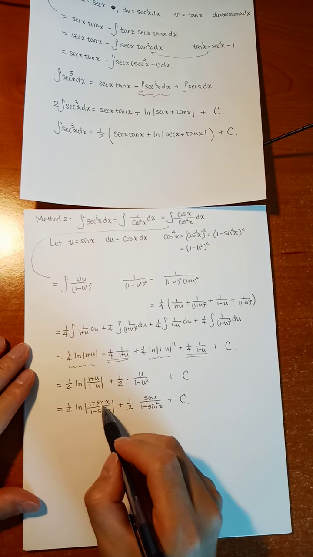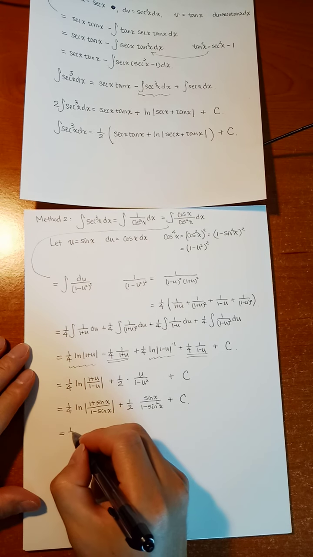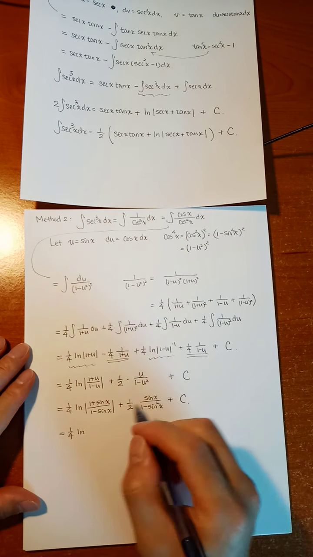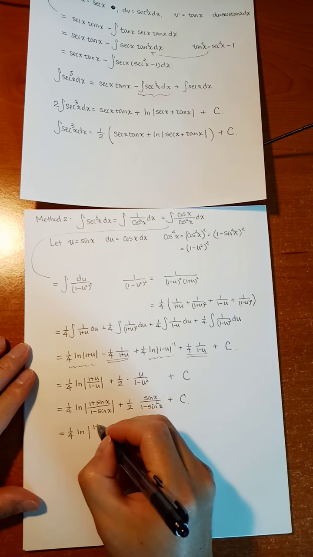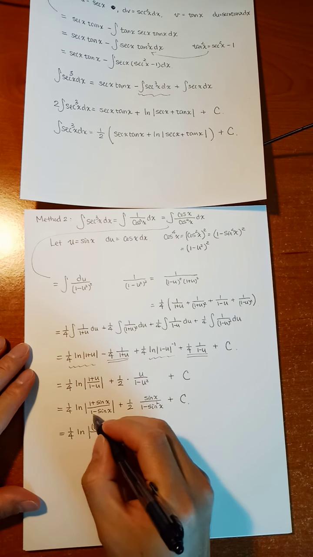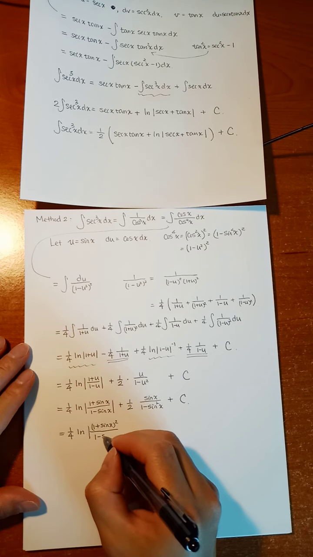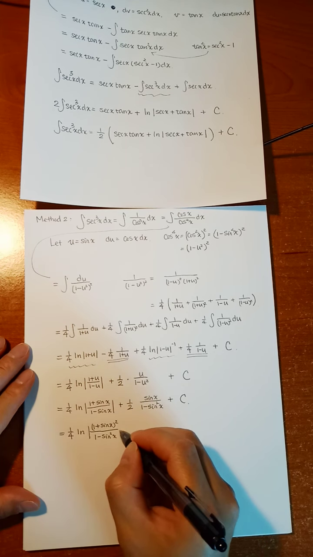And for this one, we're going to multiply top and bottom by 1 plus sine of x. The denominator will also multiply 1 plus sine x squared by the difference of squares formula. We get 1 minus sine x squared.